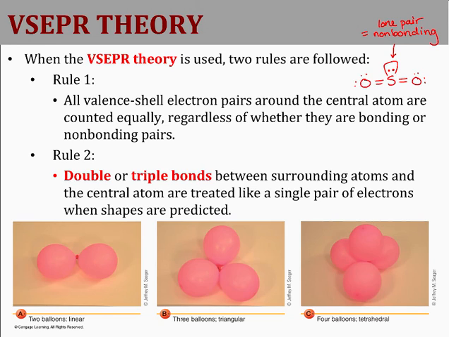So that's what they mean when they refer to non-bonding pairs of electrons. So we're going to count all of those equally. So we're just going to refer to each of those as electron groups.